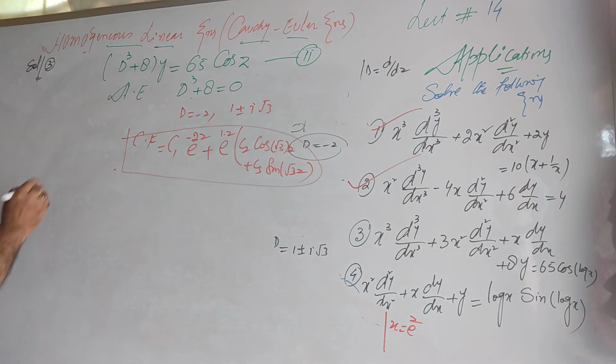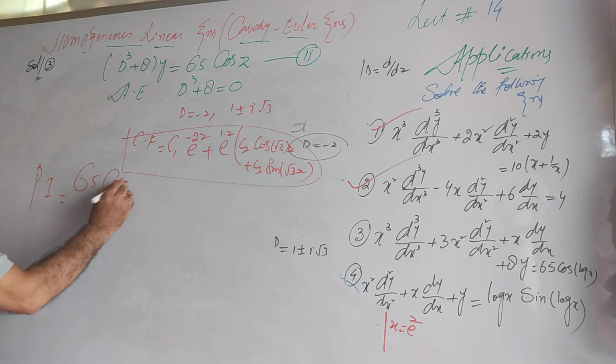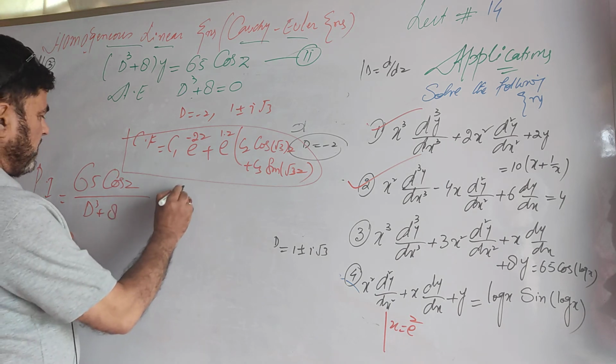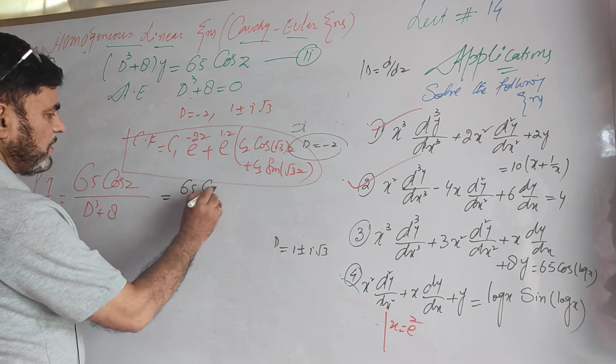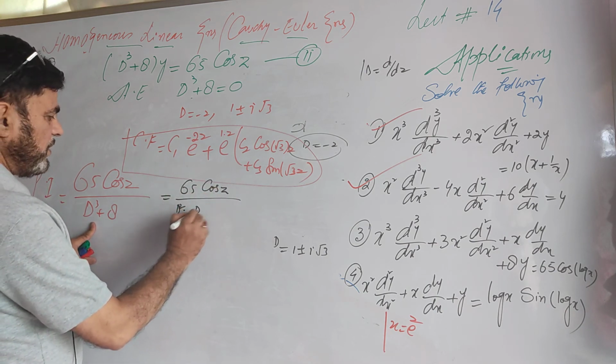What about the particular integral now? The particular integral is 65 cos z by D cube plus 8. Be cautious here how we go about finding it. We can write it as 65 cos z by D square into D plus 8.